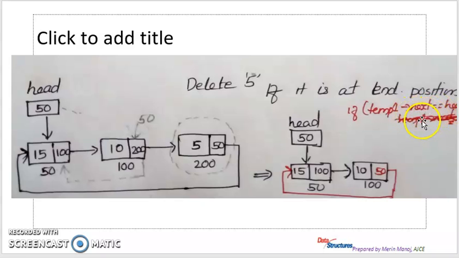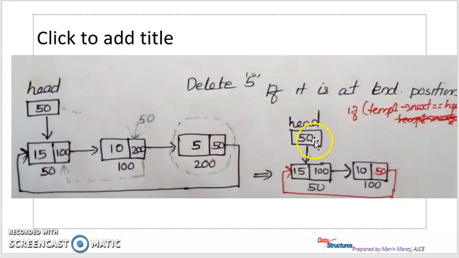If this condition is true, then that node is the end of the circular linked list. In this example, this node is the end of the circular linked list, and this element is to be deleted. After deleting this node, the circular linked list will appear like this, and make sure to note the changes that we have performed here.